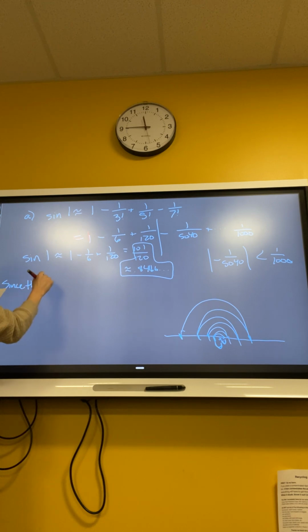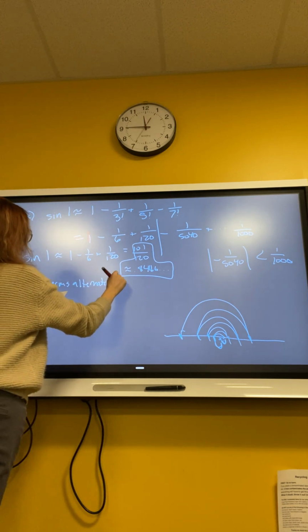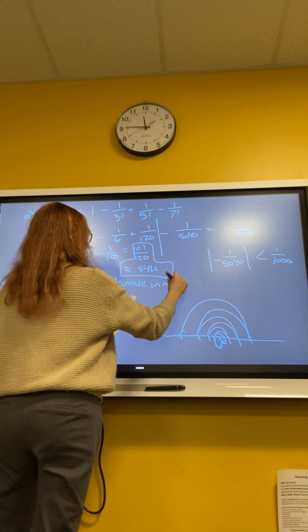So already kind of talked about this, but since the terms alternate, decrease in magnitude, and the other thing is the limit equals zero. That's right.